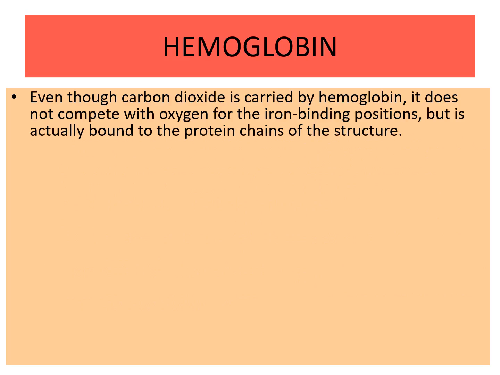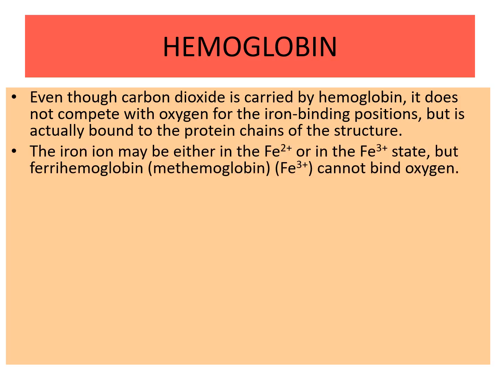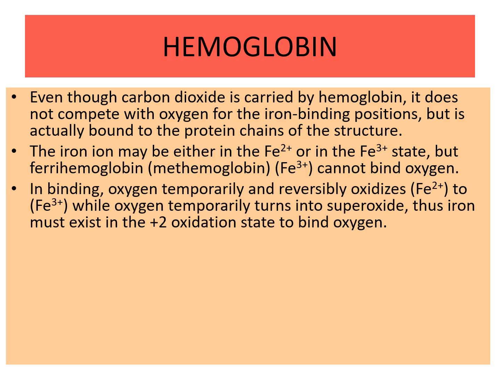Even though carbon dioxide is carried by hemoglobin, it does not compete with oxygen for the iron binding position, but it actually binds to a protein chain of the structure. The iron may be either in Fe2+ or Fe3+ state, but hemoglobin with Fe3+, that is methemoglobin, cannot bind oxygen. In binding, oxygen temporarily and reversibly oxidizes Fe2+ to Fe3+ while oxygen temporarily turns into superoxide.